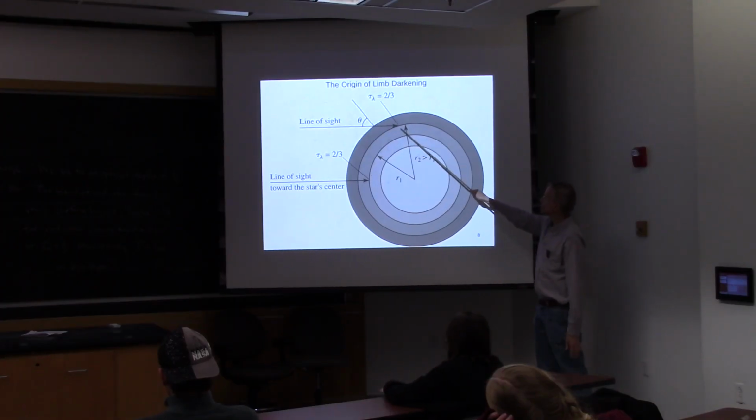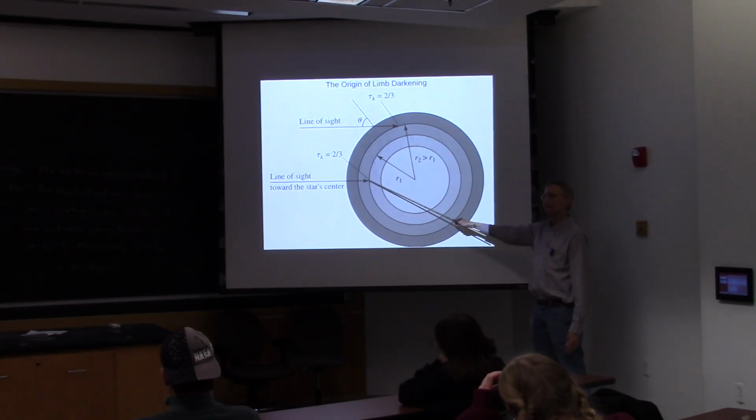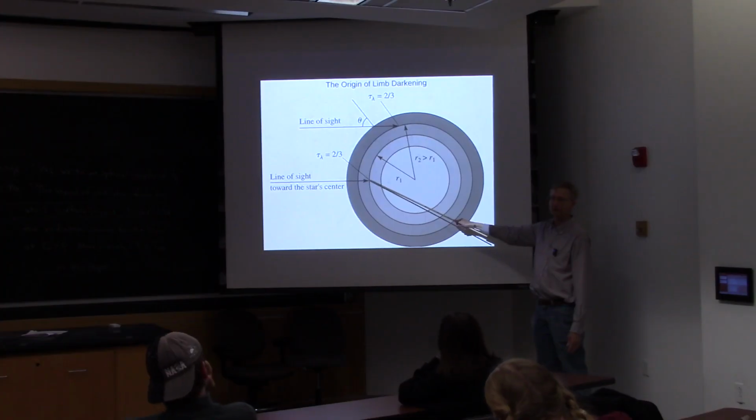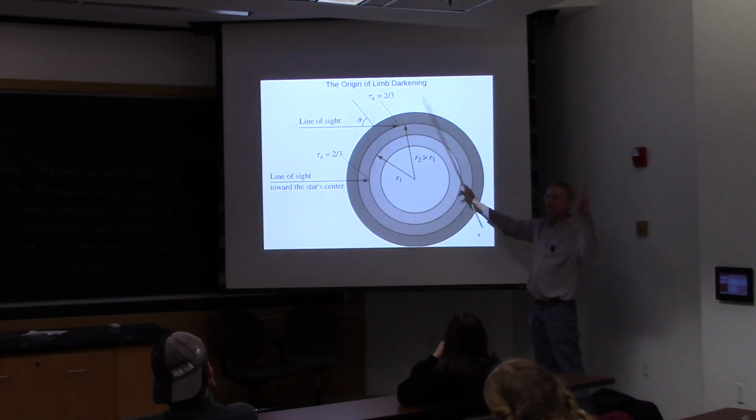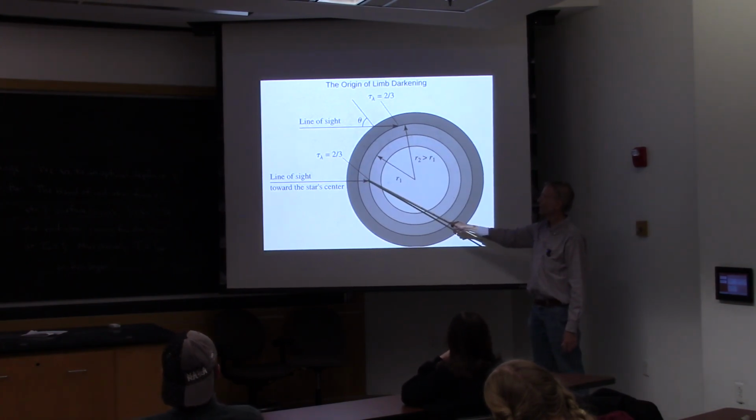And what's true about the temperature of this layer that is a slant optical depth of 2/3, compared to the layer at a vertical optical depth of 2/3? Lesser, yeah.